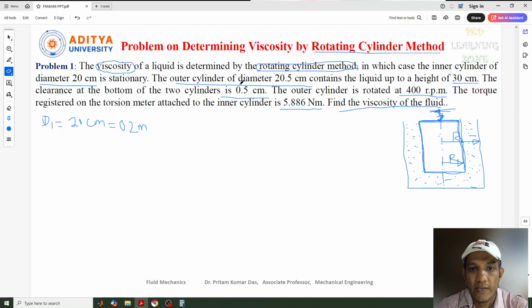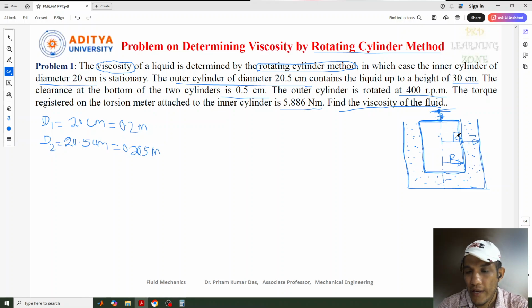Similarly, the outer cylinder diameter is 20.5 centimeter, and this one we can write as 0.205 meter.